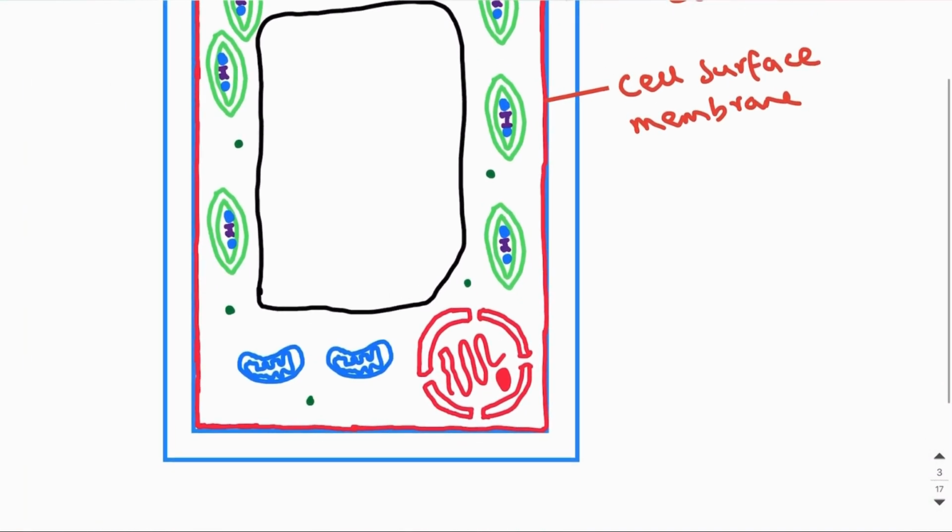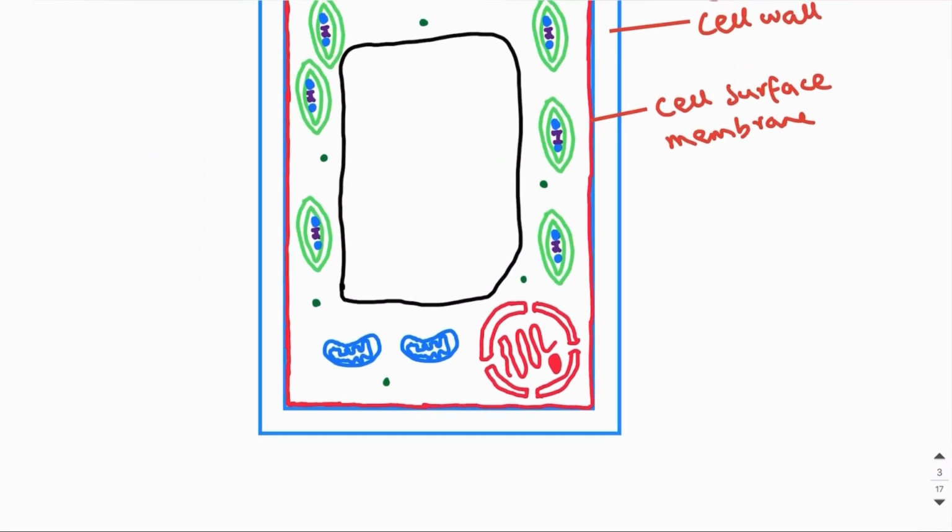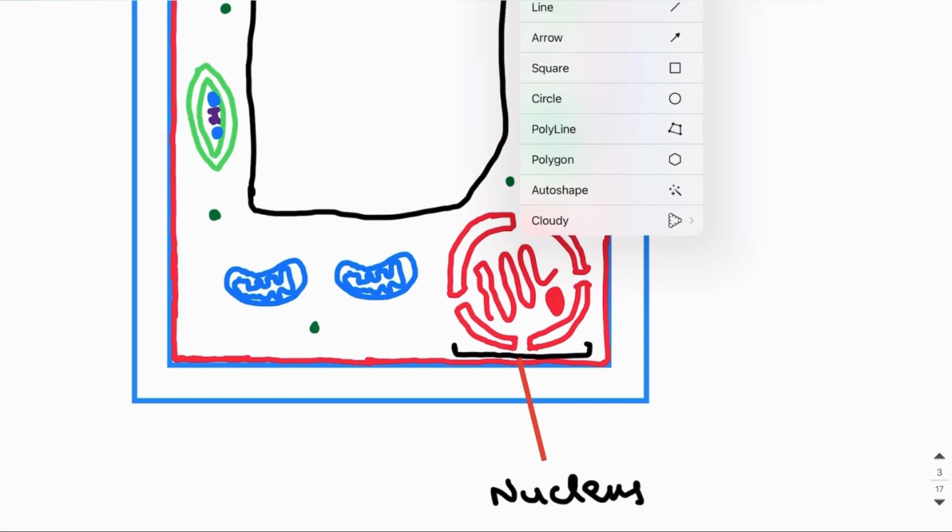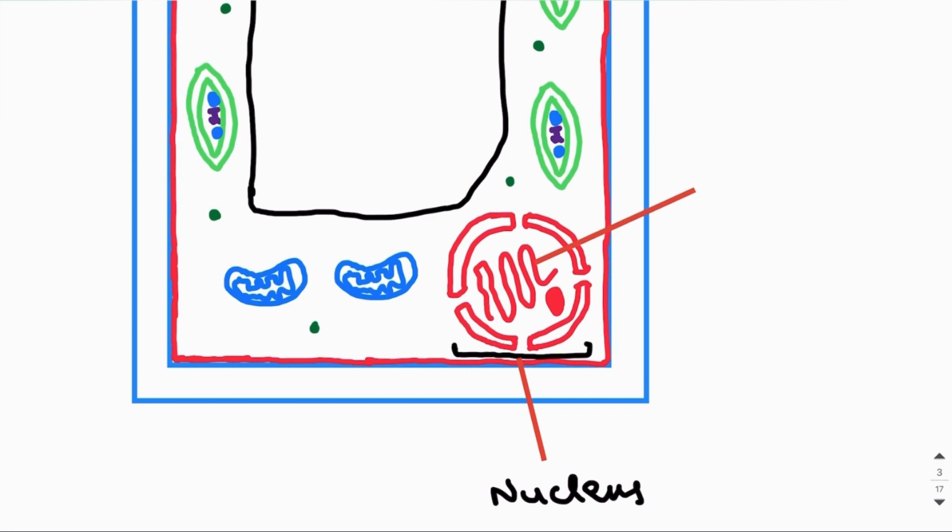All right. What else do we see in the plant cell? We see some common structures in the plant cells which were also found in the animal cells. For example, the nucleus, right? And the linear DNA inside the nucleus, right? This is the linear DNA or deoxyribonucleic acid.